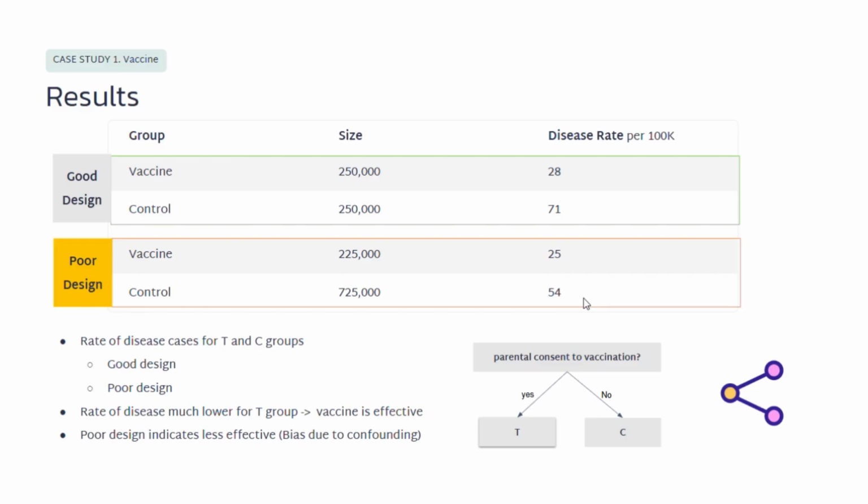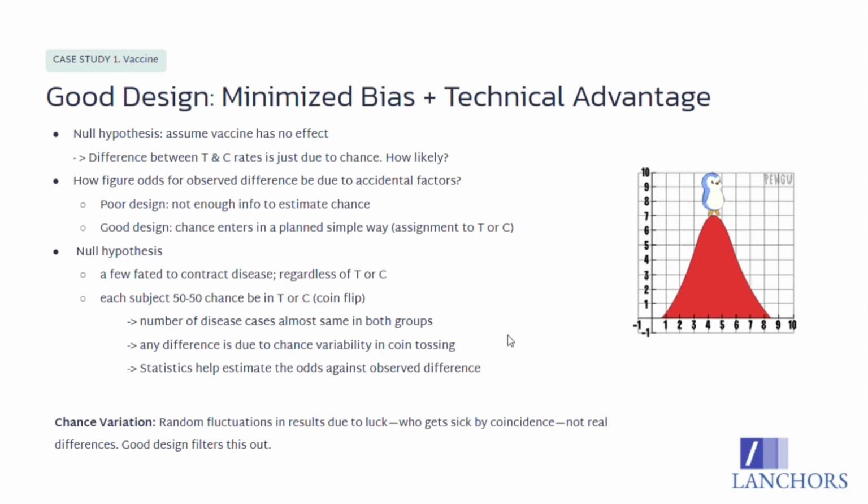Okay, and this is the bias. So the effect is diluted. The effect of the vaccine is not clearly visible in the poor design. So we saw that a randomized controlled double-blind experiment reduces the bias to the minimum.